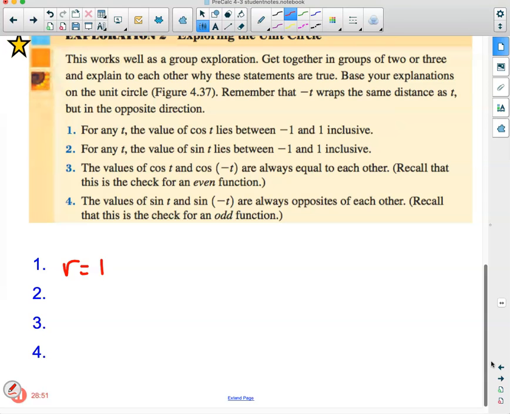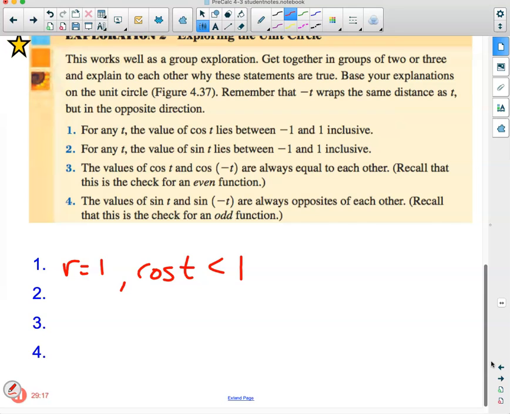So r is 1, and cosine of t has to be less than 1, because the hypotenuse is always the longest side. And with cosine, adjacent over hypotenuse guarantees that we're going to have a number that's less than 1.